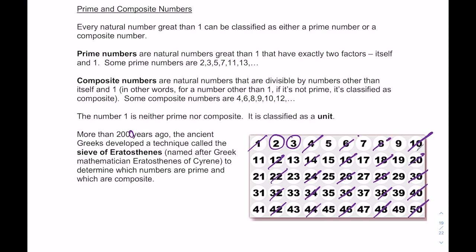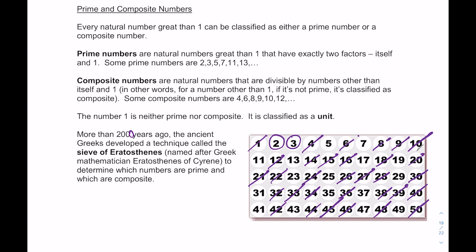I need to cross out the 9. 3 times 4 is 12, 12 is already crossed out. 3 times 5, 15 needs to be crossed out. 3 times 6 is 18, 3 times 7, 21. 3 times 8 is 24, 3 times 9 is 27. 3 times 10 is 30, 3 times 11 is 33. 3 times 12 is 36, 3 times 13 is 39. 3 times 14 is 42, 3 times 15 is 45. And then 3 times 16 is 48, and then that's it, right? I'm up to the number 50 already.